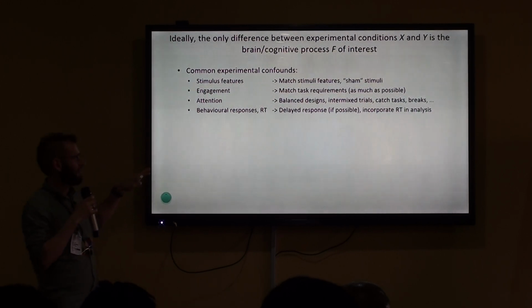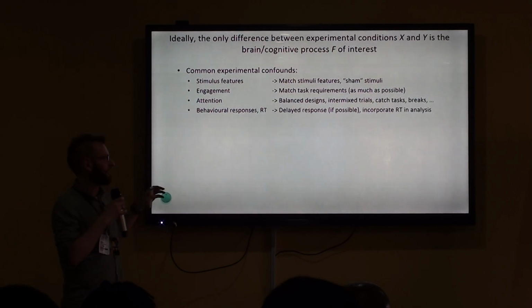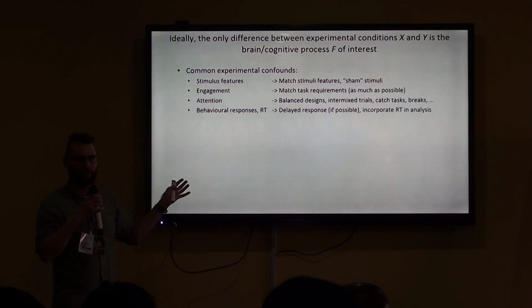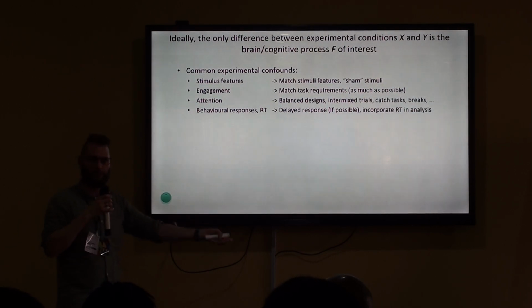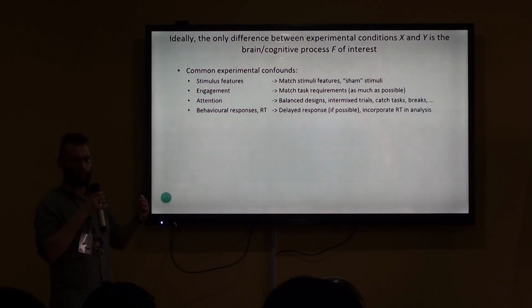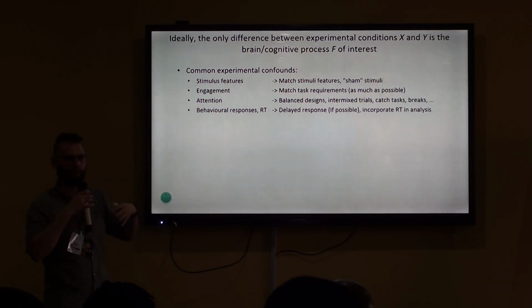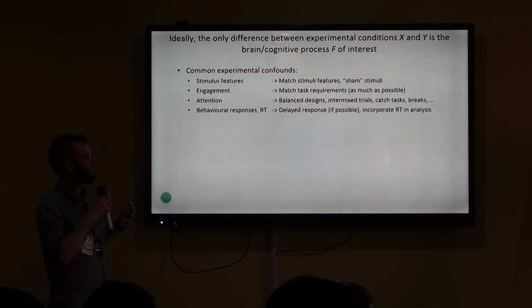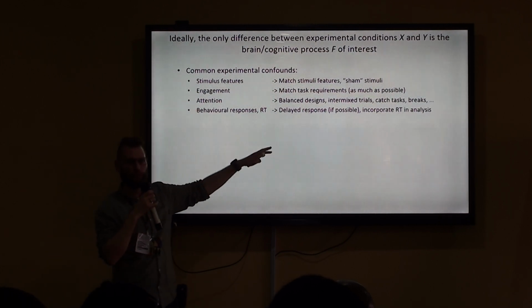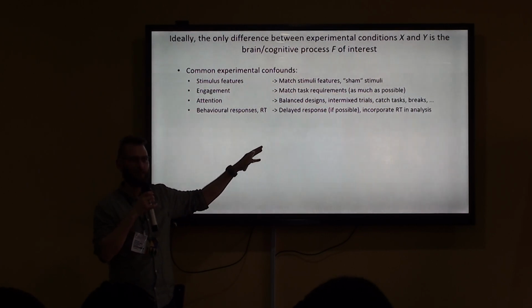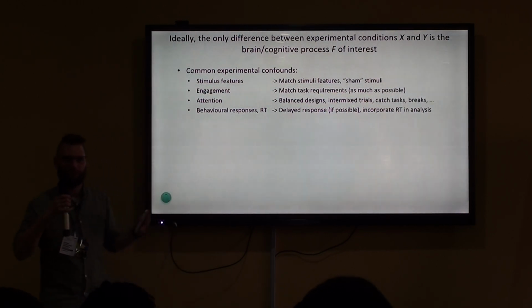So that's something we should think into our design as well. We could, for example, have them not respond right away, but respond at a later time, or in some way incorporate the reaction times into the analysis. So I wrote some possible solutions here, but I also want to stress that there's not really one solution that fits all.